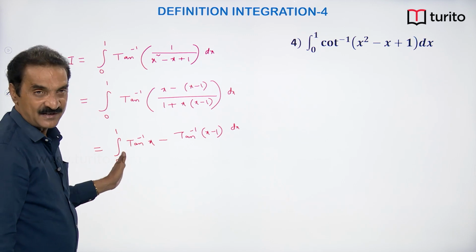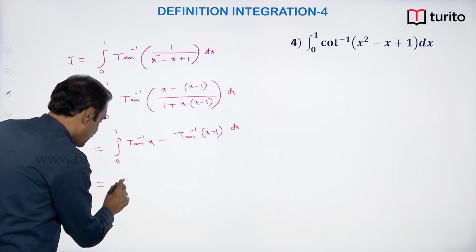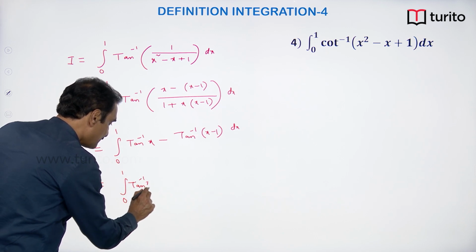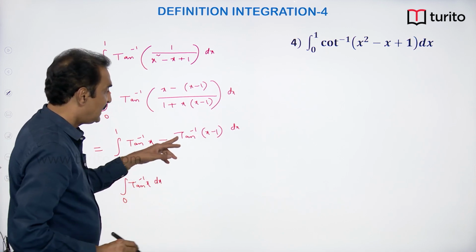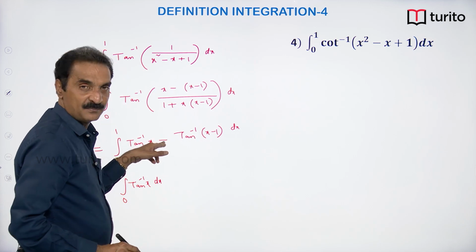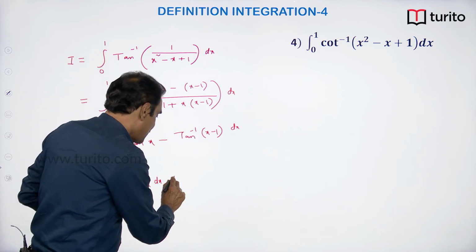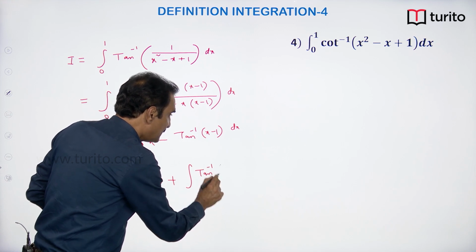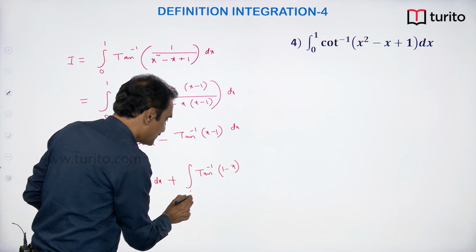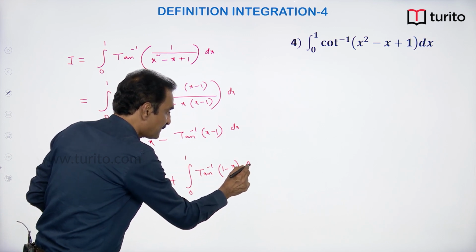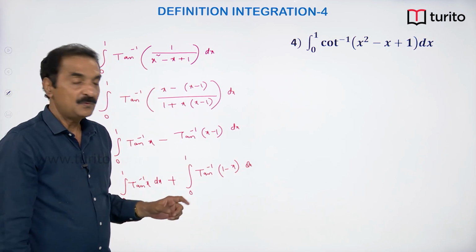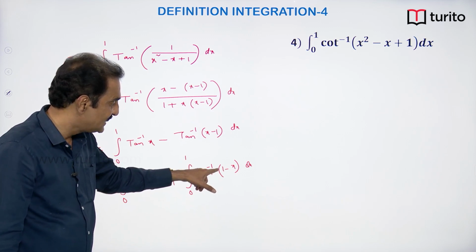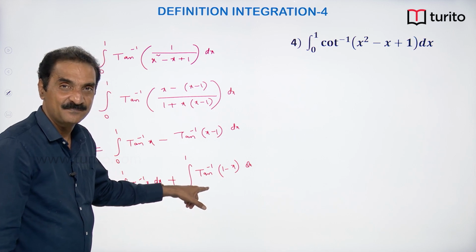Now I will write separate integrals. Integral 0 to 1 tan inverse x dx, and we can take minus sign common, make this plus. It becomes plus integral tan inverse of 1 minus x limits 0 to 1. Now if you use the property replacing x by 1 minus x, this becomes tan inverse x.